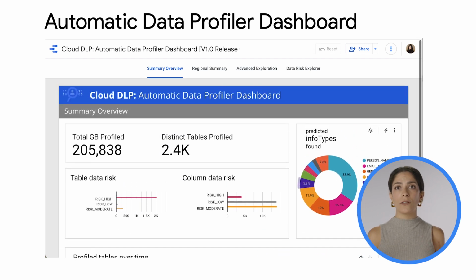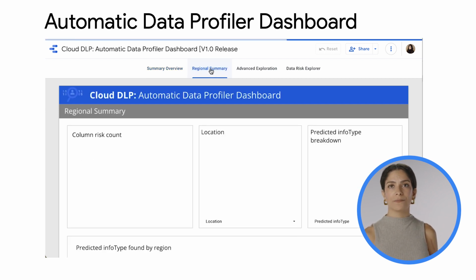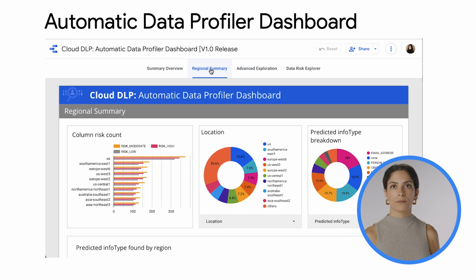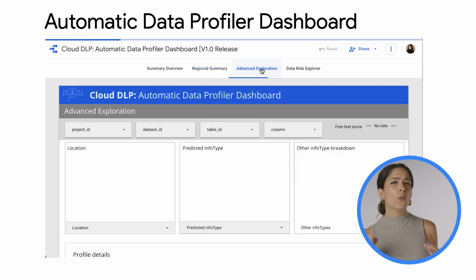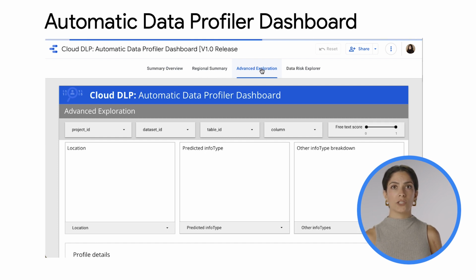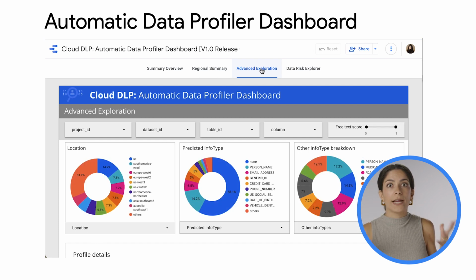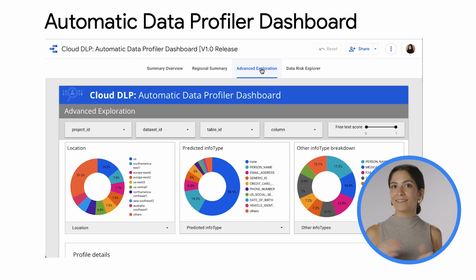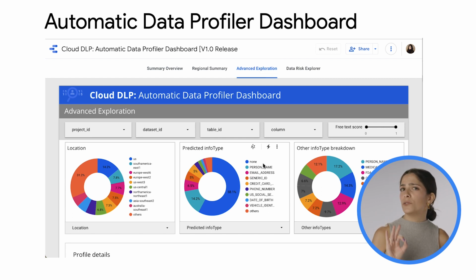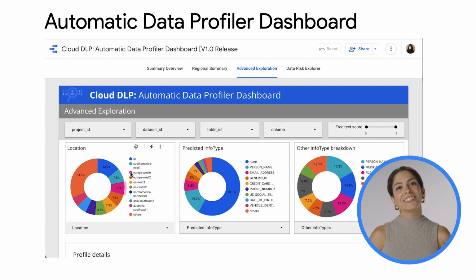And you can explore the other tabs to drill down to specific metrics like regional summary and advanced exploration. This allows you to quickly see answers to specific questions like, do I have PII in Europe? Cool. And if you do want to create a custom report with your data, you can. Check out the documentation in the description for instructions.